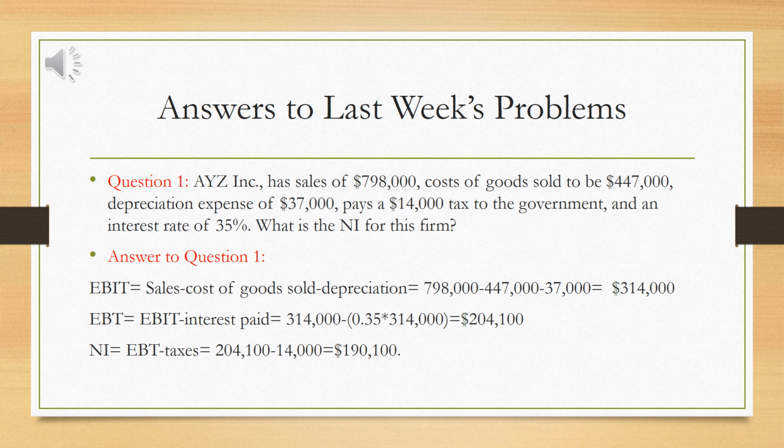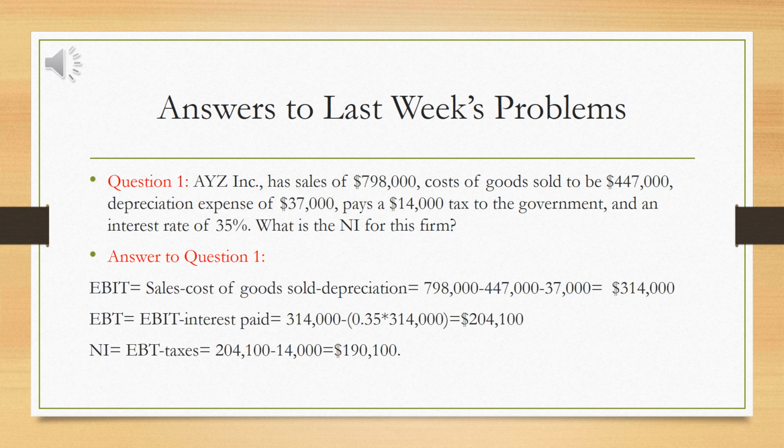We all know that the net income is the earnings before tax minus tax. And we know that the tax is $14,000. So what we need to do is to find the earning before tax. We also know that the earning before tax is the earning before interest and tax minus interest paid.